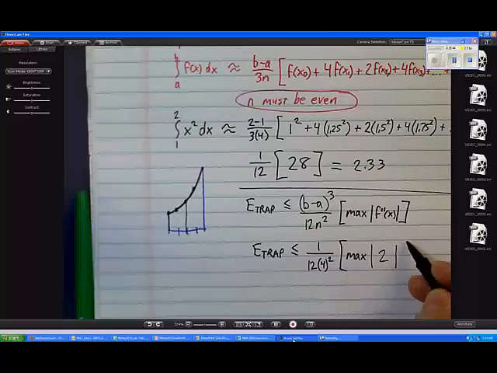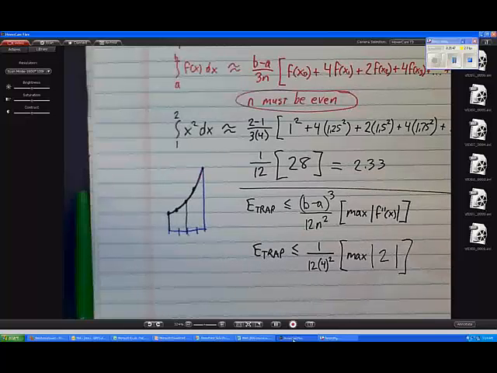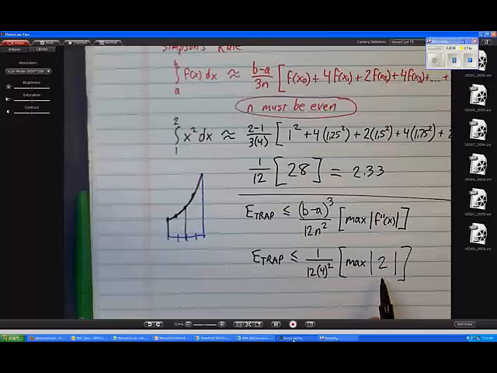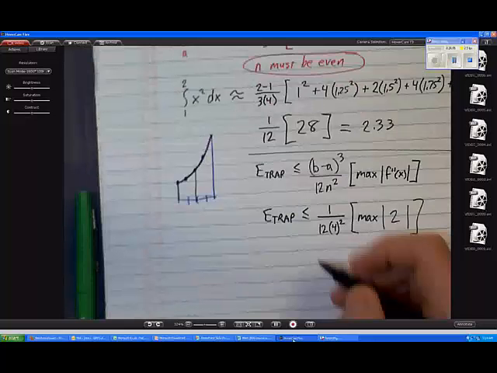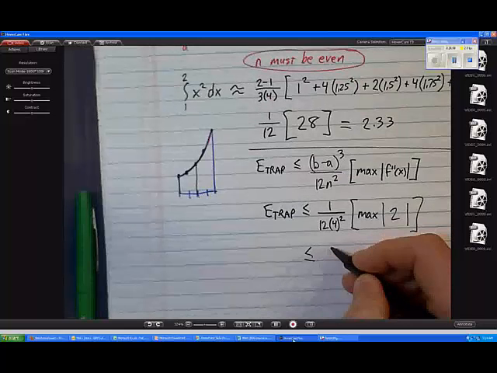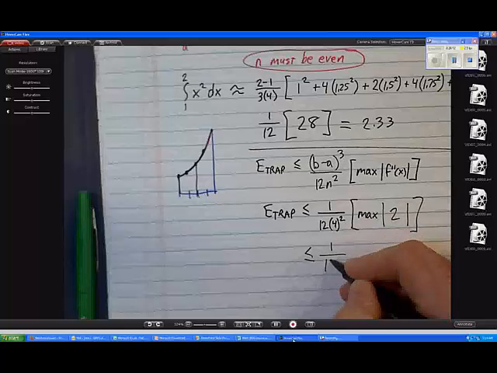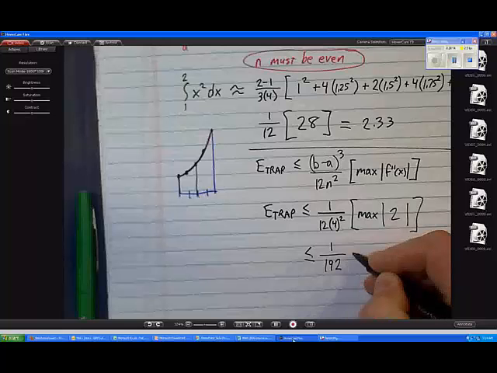Beautiful. Now normally, you'd have a function here, and you'd have to say, well, what's the maximum of that function? Well, we know how to find maximums, let's put it that way. But here, I know what the maximum value is. It's 2. So the error is less than or equal to 1 over 192 times 2.